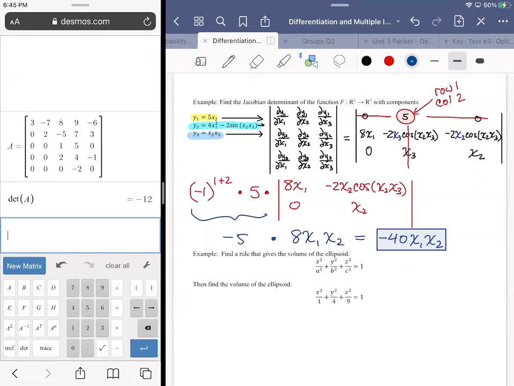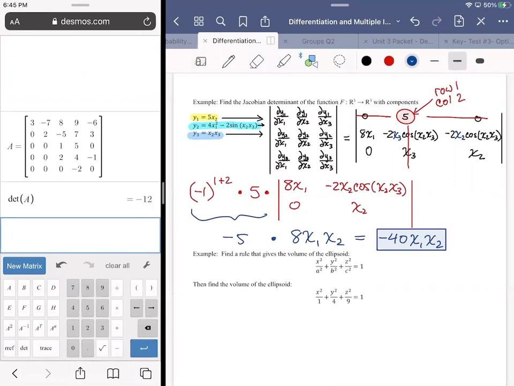All right, so the last one in this little mini topic is we want to find a rule that gives the volume of an ellipsoid. You can Google rules; rules are galore. We want to use the techniques that we just learned about to do that.